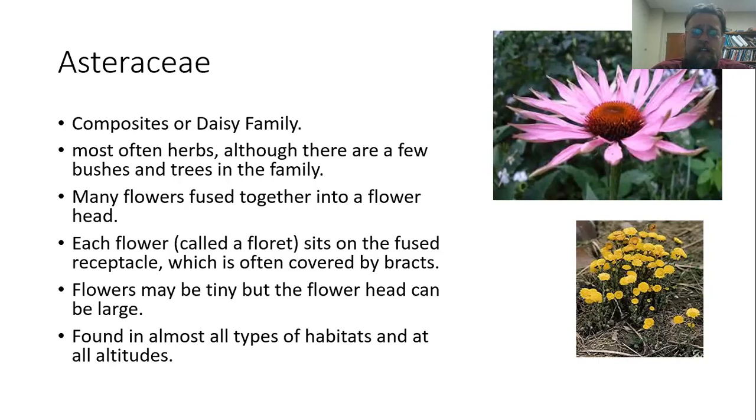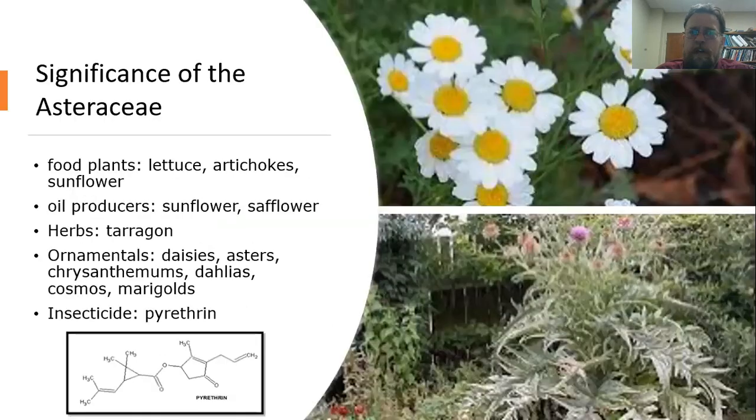These plants are found all over the world in all sorts of different habitats, so wet areas, dry areas, alpine areas, a very widely distributed group of plants. A lot of these are plants that we're going to find in our gardens, and quite a few are used commercially and as food plants.